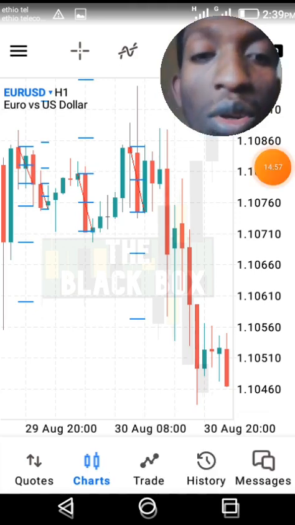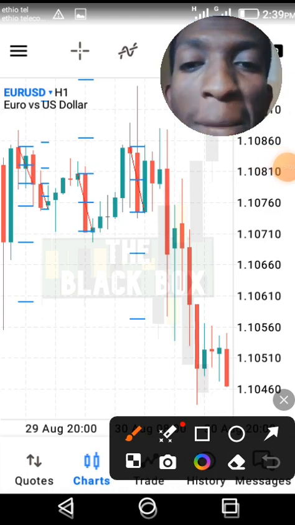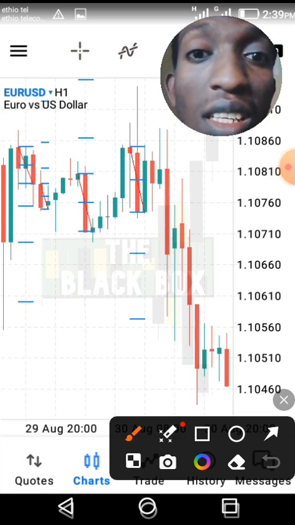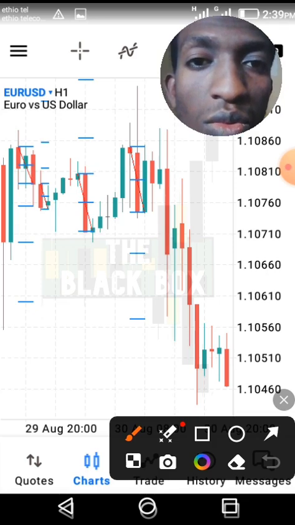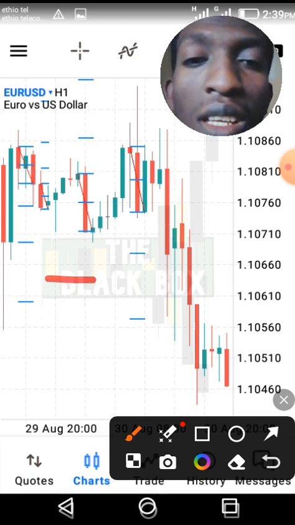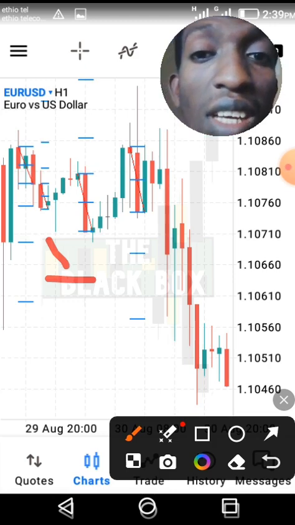So I have already talked about taking partials. I mean, price runs near your TP2. Actually, most of the price hit TP2, but some of them come near, very, very near, just like this one.